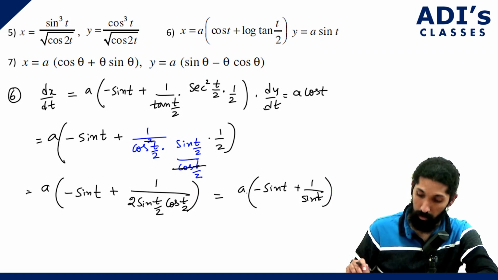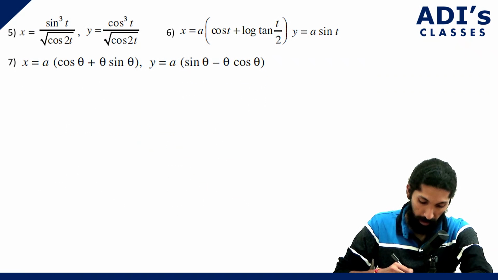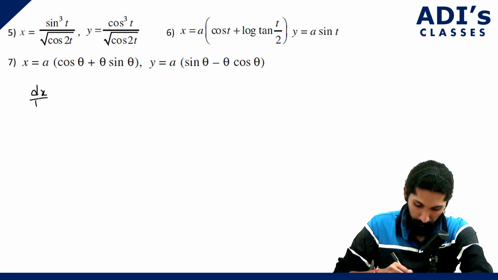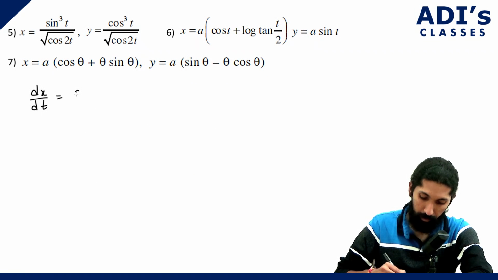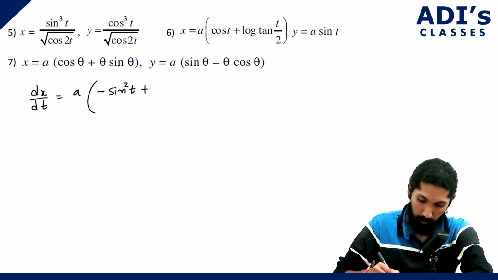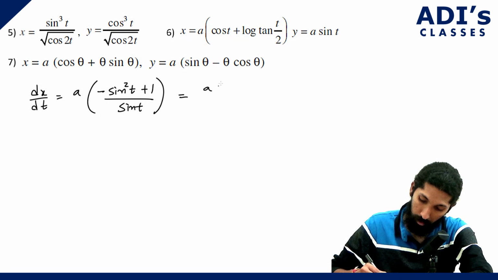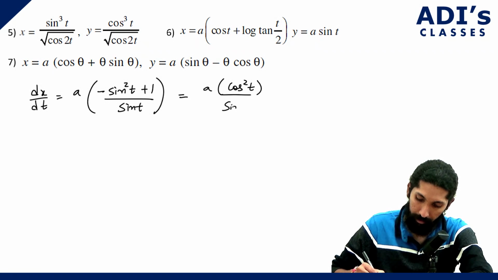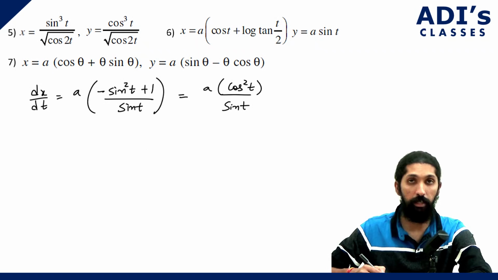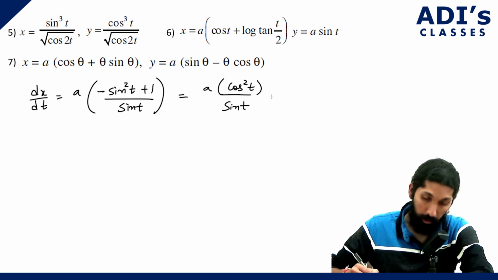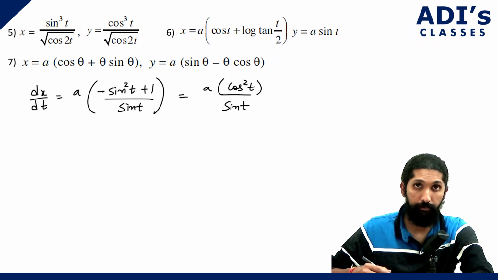All right. So let me write this one. dx by dt is going to become a into minus sine square t plus 1 by sine t, correct? Or a into cos square t divided by sine t. This is dx by dt. Now dy by dt is a sine t, right?